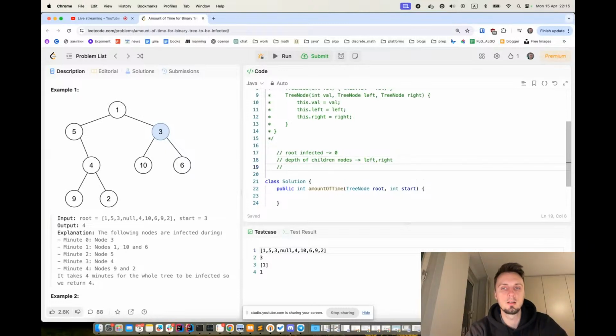Then we need to find our infected node, and we also need to find whether it's on the left or on the right.